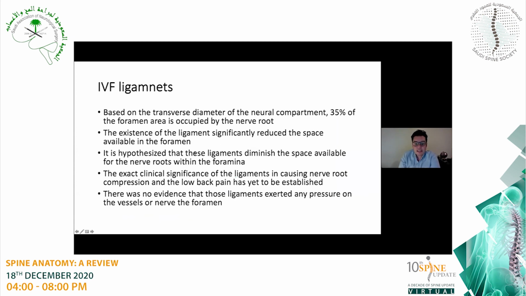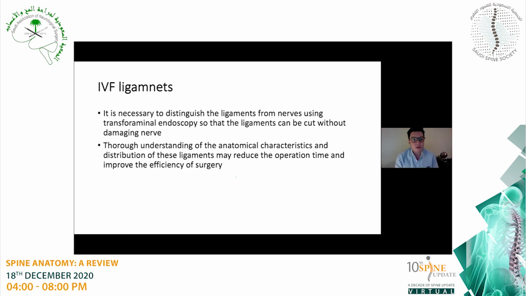It is hypothesized that these ligaments diminish the space available for the nerve root within the foramina, but the exact clinical significance of the ligaments in causing nerve root compression and low back pain has yet to be established. There was no evidence that those ligaments exert any pressure on the vessels or the nerves in the foramen.